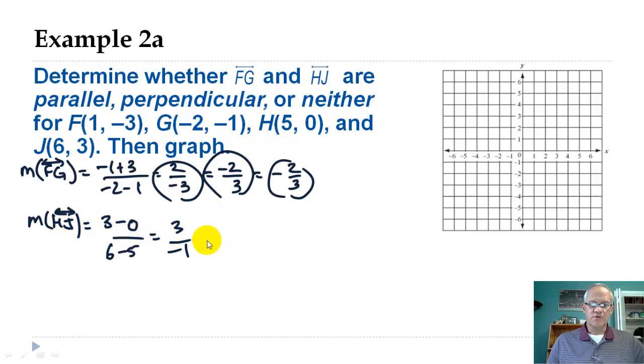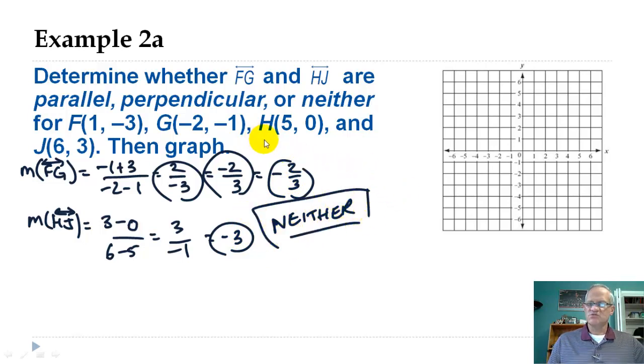Okay, and so that gives me just a -3. Well, are they the same? Nope. Are they negative reciprocals of each other? No, they're not negative reciprocals either, are they? So in this case, we would have to say they're neither.